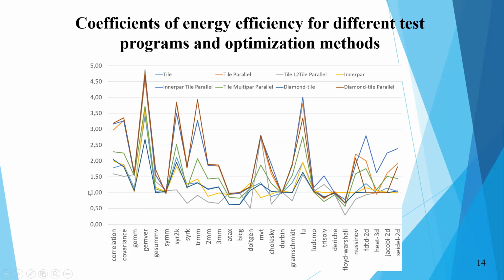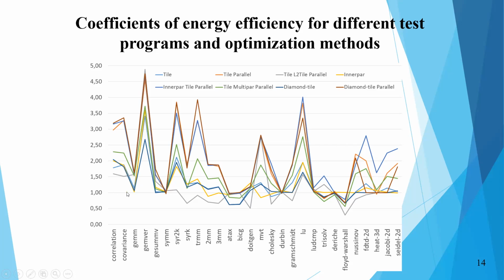How to treat it? If it equals 1, it means that nothing happens and energy efficiency is the same. If it's bigger, it's better. If it's lower, it's worse. As you can see, it's very different on different software. In the top case, it can be up to 5, but regularly it is 2 or 3.